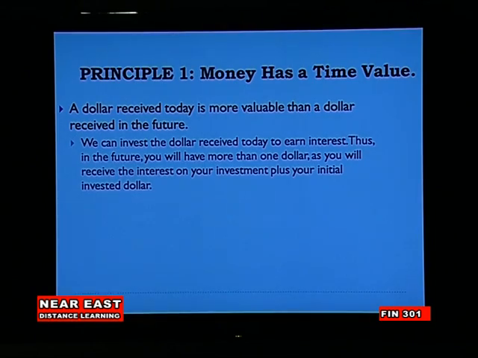Thus, in the future, you will have more than $1, as you will receive the interest on your investment plus your initial invested dollar. For that, money has a time value. There is a chapter about money having a time value, and we will explain it in detail.